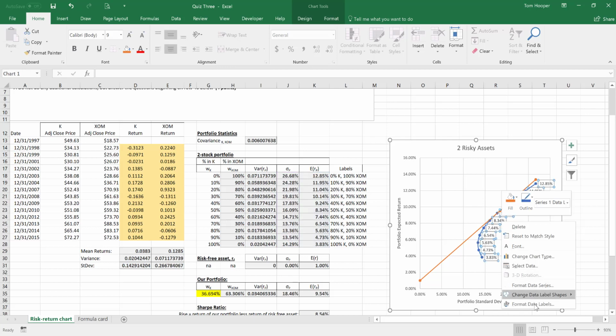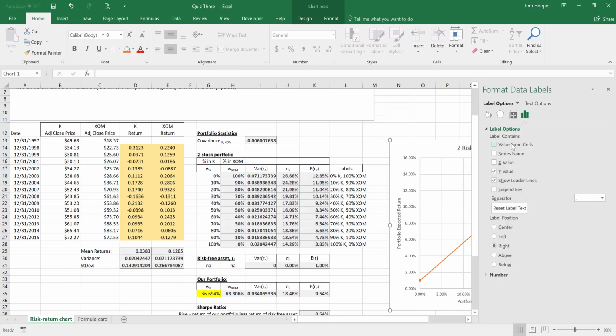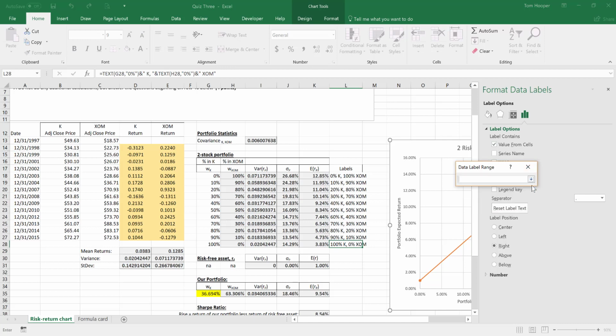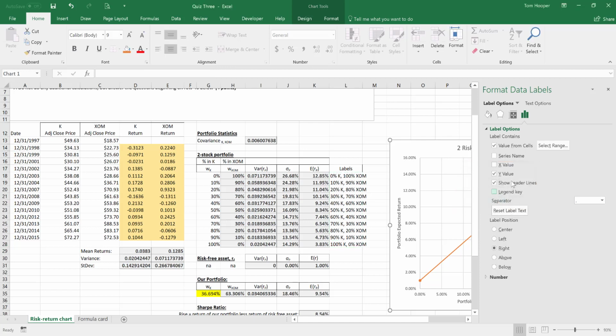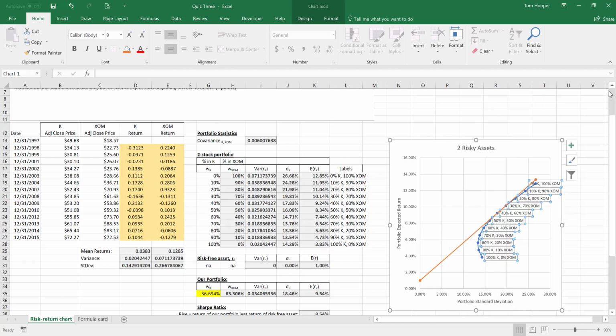We will format the data labels to get value from cells, and in this case we'll choose those cells that we just created, and we'll turn off the Y value. And now we have data labels that show exactly which one is 100% ExxonMobil and which one is 100% Kellogg.